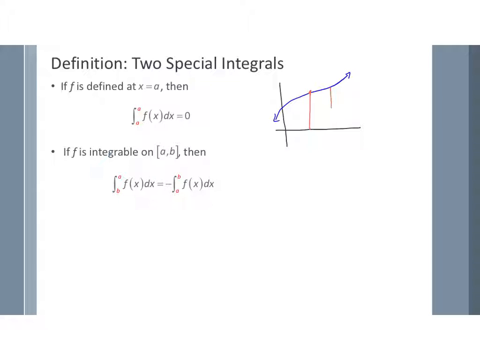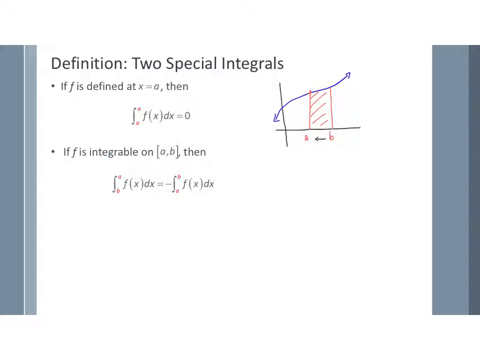So let's look at from a to b. And if we, again, look at this area, we have the definite integral from a to b. But now imagine we start to decrease the width of this rectangle, or the width of this region. In so doing, this area gets smaller and smaller because the region is getting smaller and smaller.